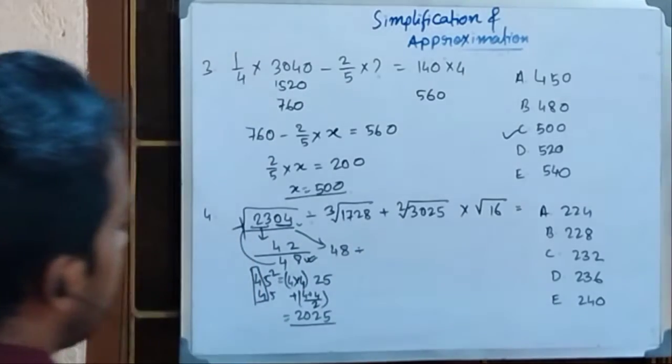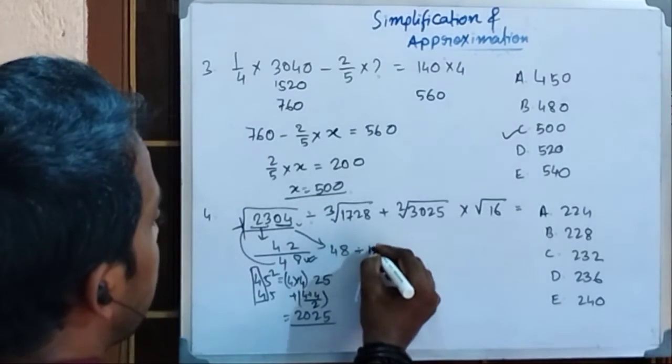Divided by cube root of 1728. This is 12, right?